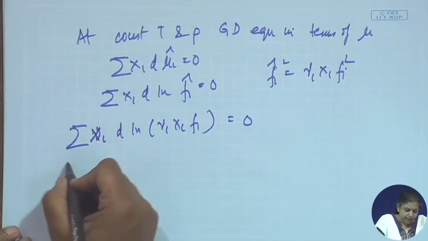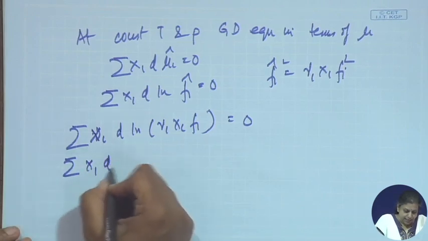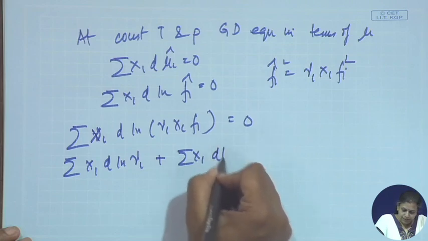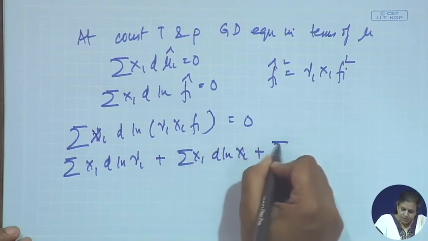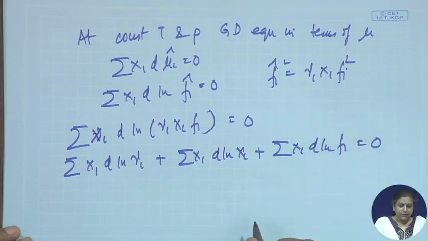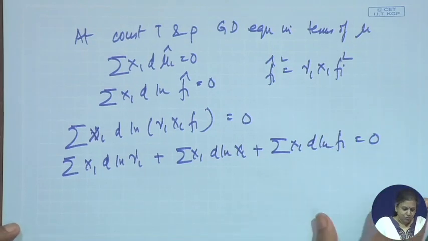So, if we break it down, what happens? This is xi d ln gamma i plus sigma xi d ln xi plus sigma xi d ln fi equals 0. This is an easier derivation, so that is why I am just doing it for you.